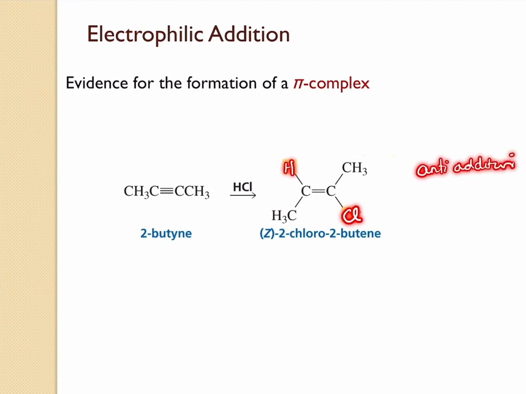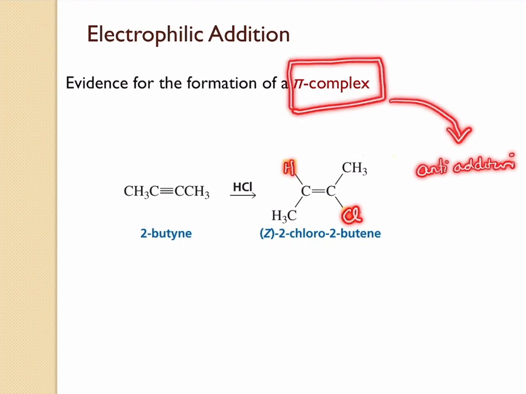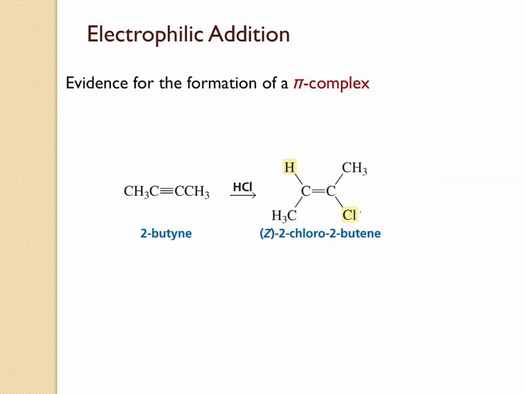So only when the intermediate is a pi complex can we get the anti-addition product. And the pi complex was found to be more stable compared to the stability of vinyl carbocation, but it is less stable compared to the alkyl carbocation.